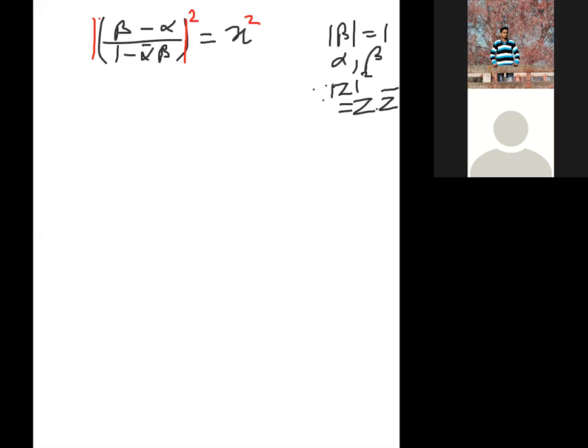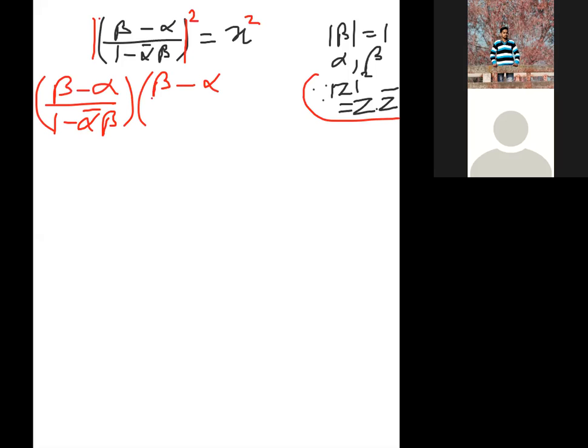So I could write it as per this concept: (beta minus alpha) upon (1 minus alpha conjugate beta) into (beta minus alpha) upon (1 minus alpha conjugate beta) to whole conjugate. Up to this step, any confusion, then please say. No, sir. Fine.